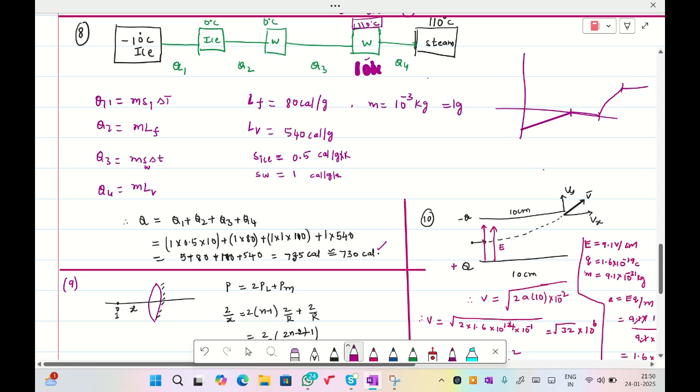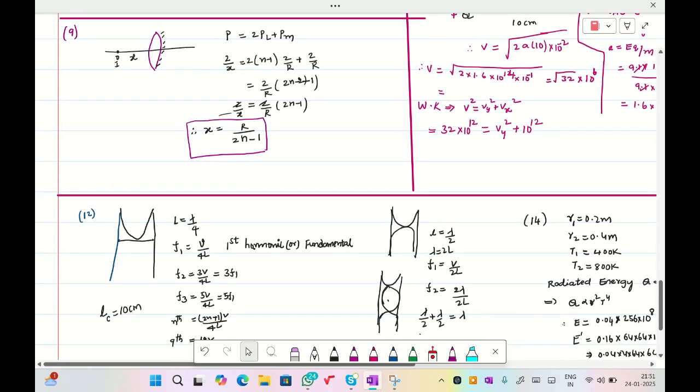For example, 2 grams of water converting into steam, how much energy is required. Like this type of question they can ask you. Hope you understand. So this is the temperature scale here, and the state of matter converting, liquid or gas. So this is one model.